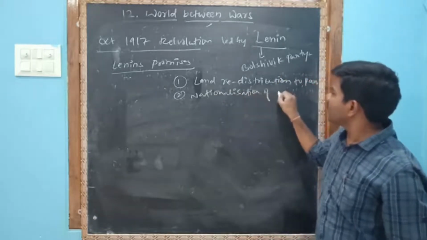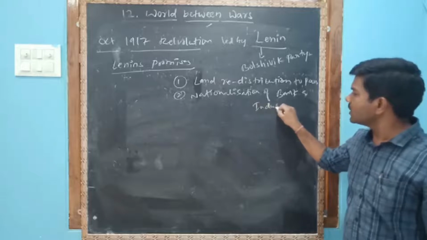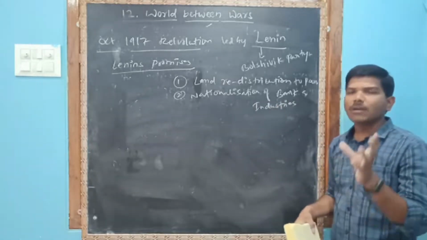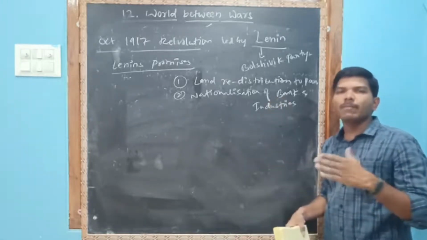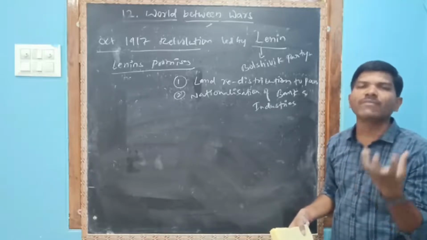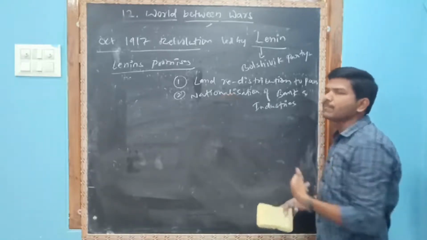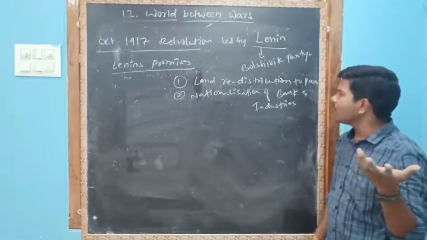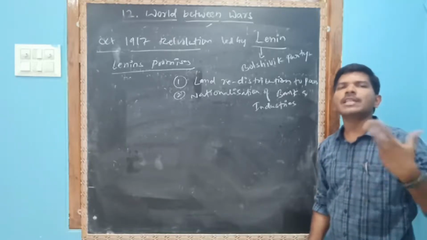Second one is nationalization of banks and industries. Whatever banks and industries were there, these were completely under the control of the government, not under private hands. Sir, why is nationalization important? Example, if you are having a bank, you are getting profits, you will enjoy the profits.